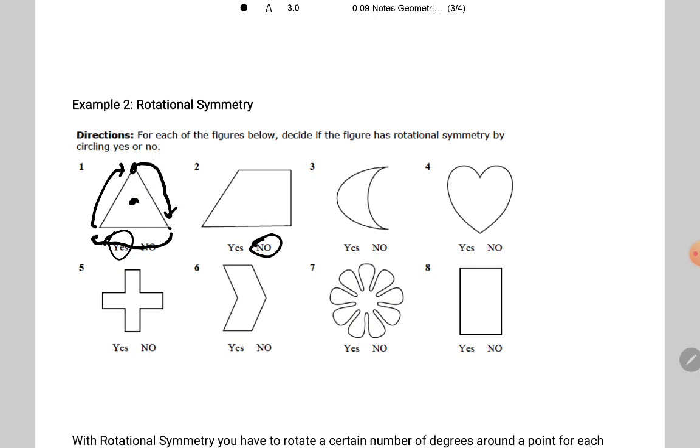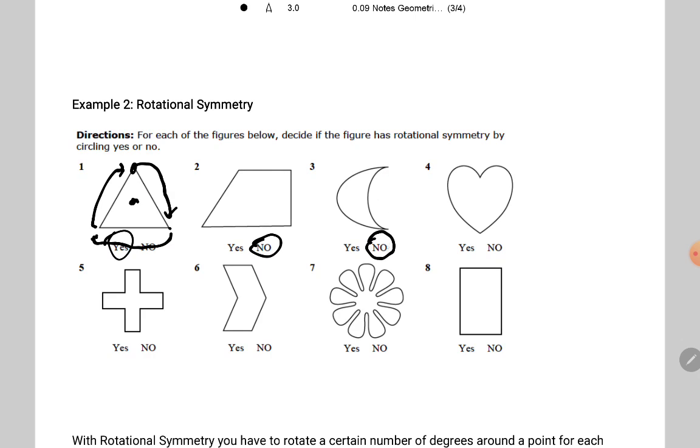This one does not. As we rotate this around, this point here is sticking to the left. If I rotate it up, it will be sticking up here. If I rotate it to the right, it's sticking down below. So it does not look like the original picture, no matter how you rotate it, unless you rotate it all the way around. Same thing here.